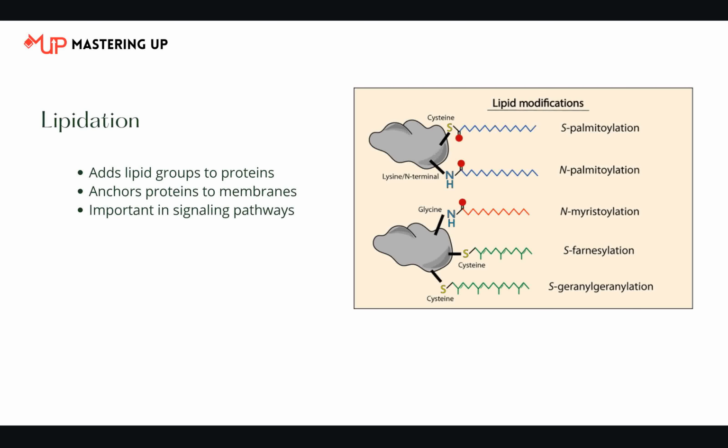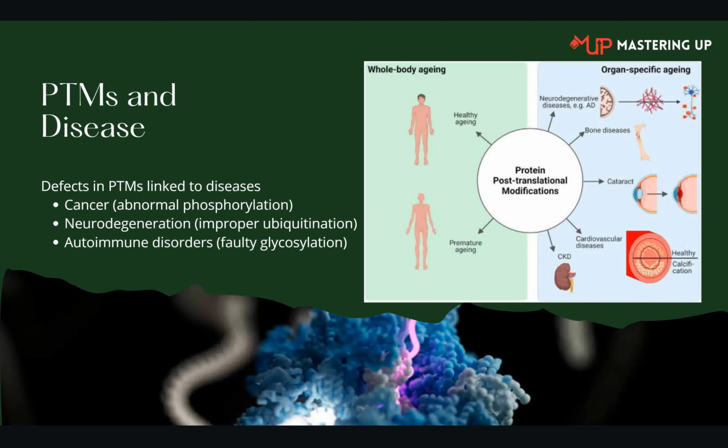So these are all the types of post-translational modifications in proteins. They help in proper functioning and positioning of the proteins. But when PTMs go wrong, problems arise.